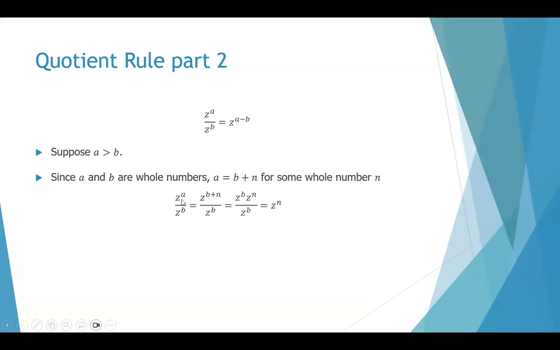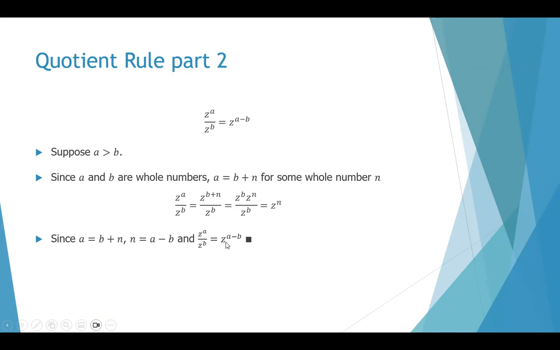So z to the a over z to the b is z to the b plus n over z to the b. Again, we've said it's equal to that. Well, z to the b over z to the b is equivalently 1. So again, that filters off, and we have 1 times z to the n, which is just z to the n.